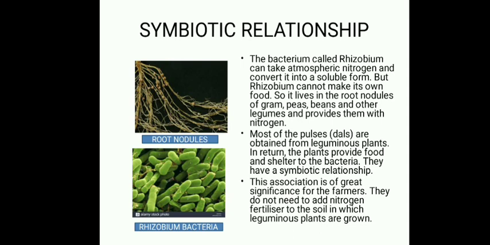This Rhizobium bacteria can fix nitrogen in the soil, so that nitrogen can be used by the plants. So these legumes are very useful plants for the farmers. If farmers grow legumes, the soil becomes very rich in nitrogen, so they do not have to add chemical fertilizers, and the soil is naturally fertile because of the presence of Rhizobium. So this is another symbiotic association which we see.